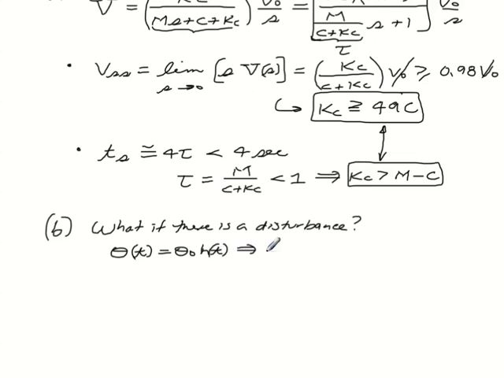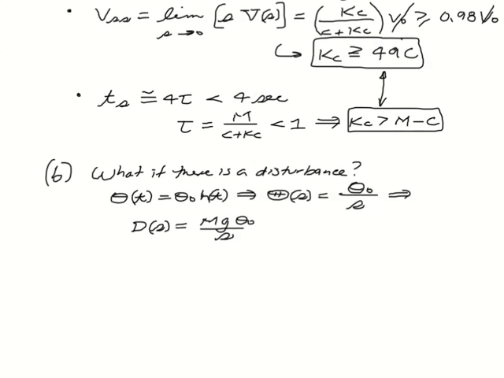So in terms of Laplace world, theta(s) is equal to this angle theta naught divided by s. So D(s), our disturbance, we said was equal to mg times the angle, so that's mg theta naught divided by s.